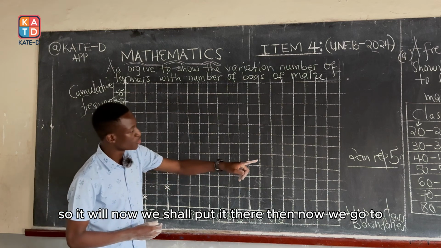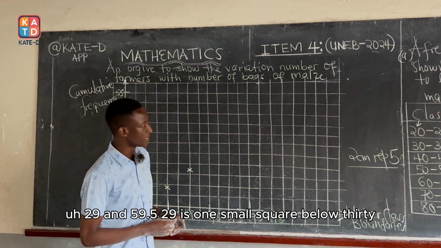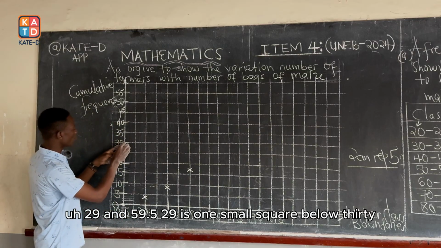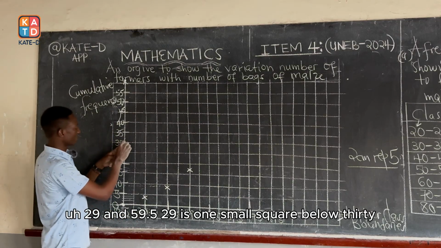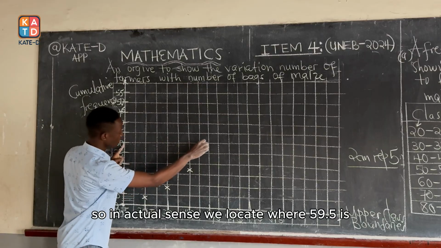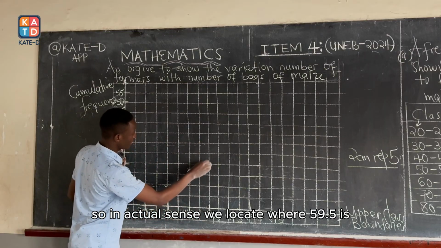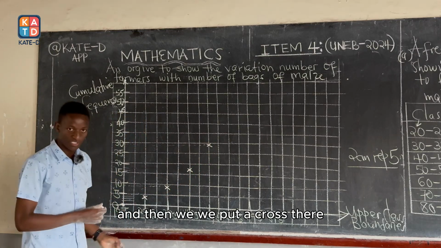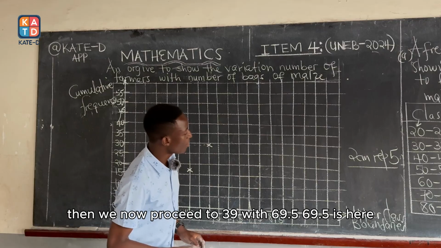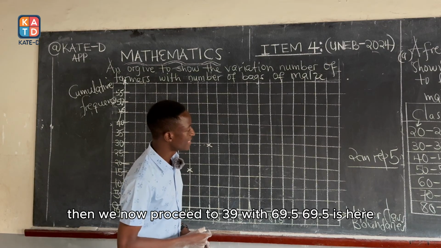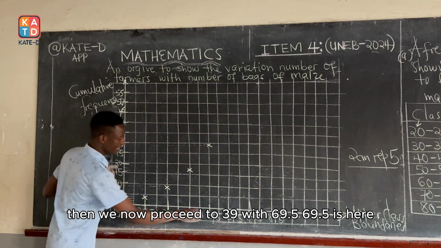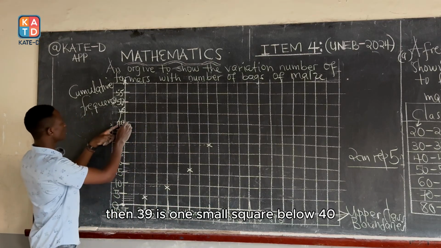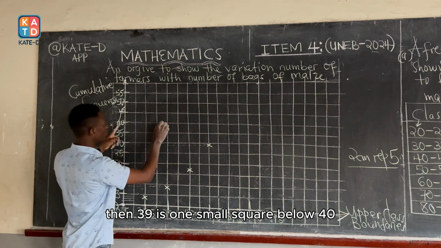Then now we go to 29 and 59.5. 29 is 1 small square below 30. So in actual sense, we locate where 59.5 is, and then we put a cross there. Then we now proceed to 39 with 69.5. 69.5 is here, then 39 is 1 small square below 40.